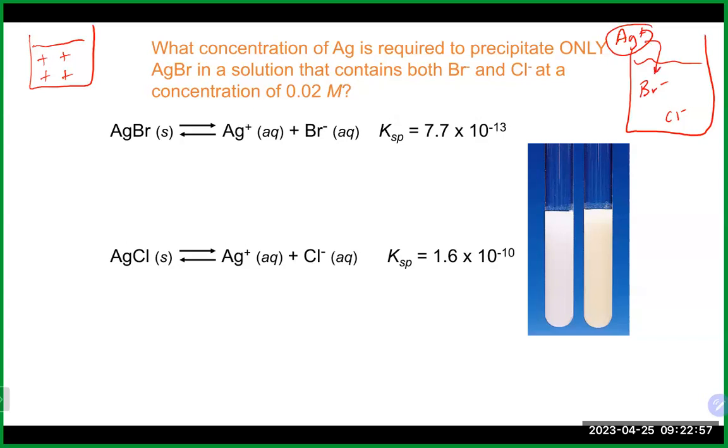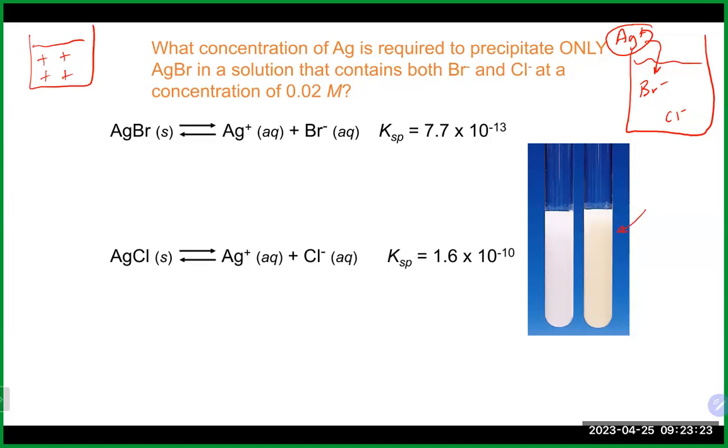Based on solubility rules, chlorides, bromides, iodides are soluble in everything except silver, lead 2, and mercury. So in this case, this would cause a precipitation to occur. The problem is that when silver bromide precipitates and silver chloride precipitates, they're both essentially white solids, which is what these pictures look like.